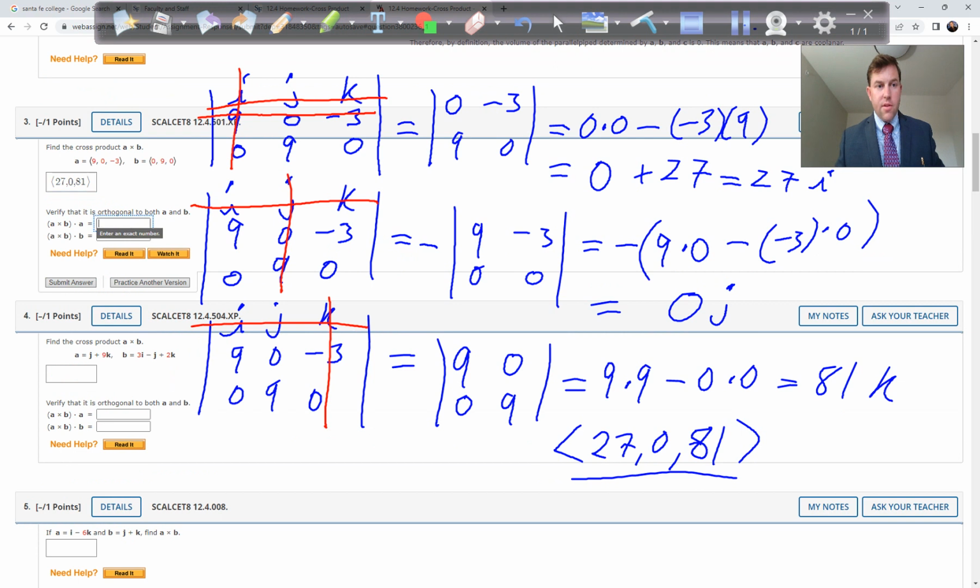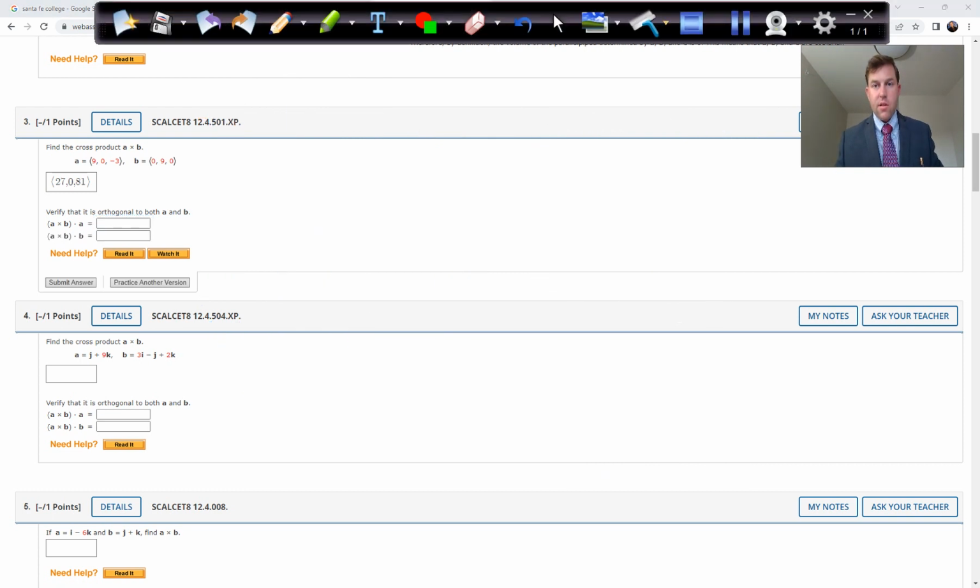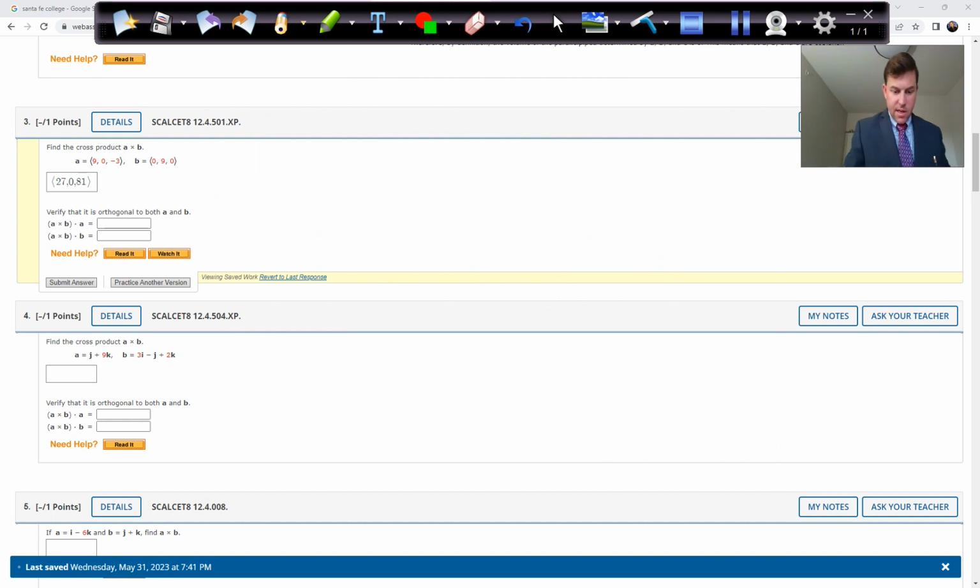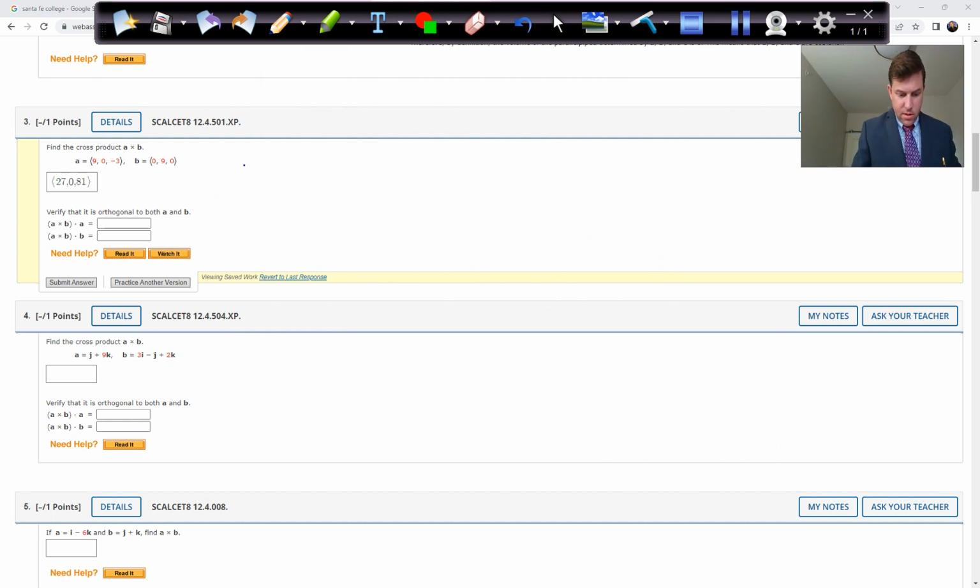Okay, now in the second part, they want us to calculate the dot product of this cross product with the original two vectors. So let's look at that. We would take 27, 0, 81, dotted with the first one they want us to do, A, which is 9, 0, negative 3.